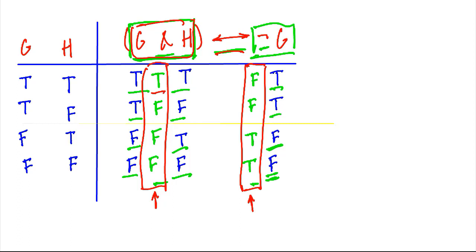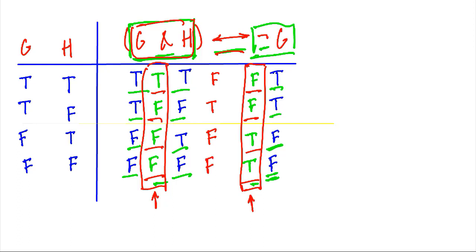Okay, so true and false, that's going to be false. False and false, that's going to be true. False and true, that's going to be true. No. Bad Johnson. False and true, that's going to be false. And false and true, that's going to be false again.